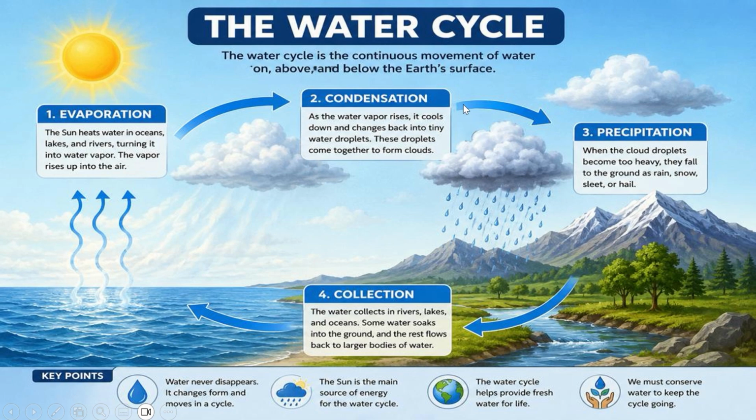And the fourth point is the collection. That's when, after the rain is pulled down by gravity, it is then collected on the surface of the earth by the rivers, the streams and the lakes, then onto the ocean.